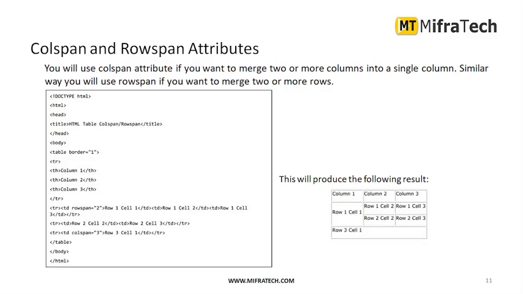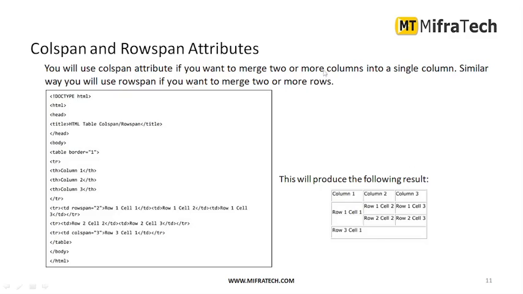In a similar way, you will see rowspan if you want to merge 2 or more rows. Simply, the merging of two cells in a column or a row is called colspan or rowspan. Before you see the code, you can see here. You will easily understand what colspan and rowspan are, the row and the column.